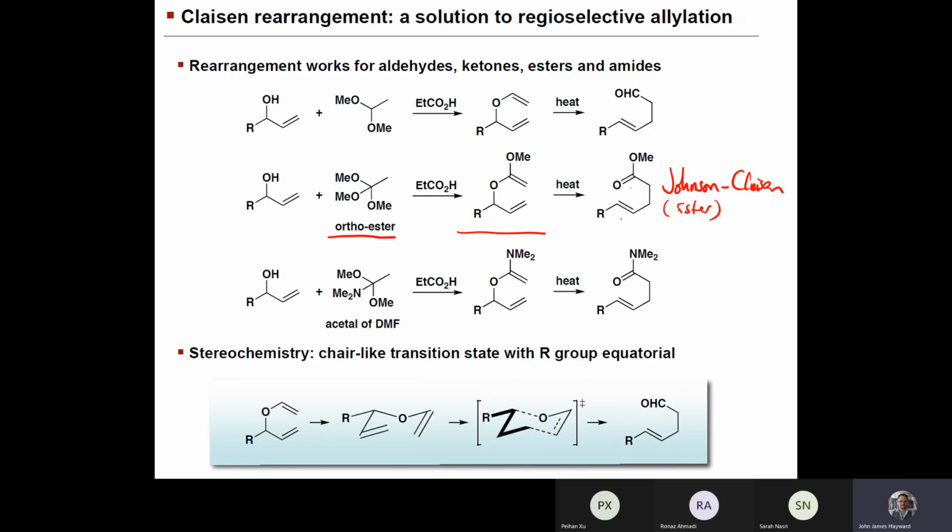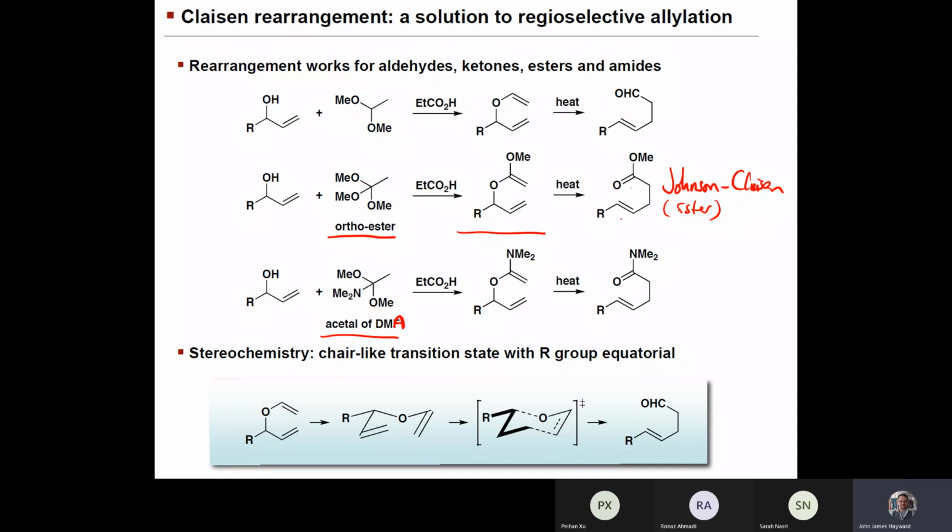For the ester, or we can create this acetal of DMF. This is often referred to, it's an acetal of DMA, dimethylacetamide. So this is often referred to as DMF, DMA. No, sorry, DMA, DMA. My apologies. Dimethylacetamide, dimethylacetal.